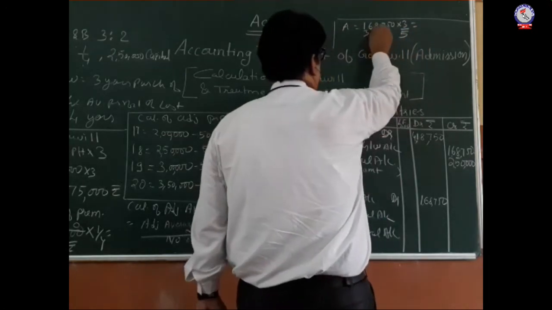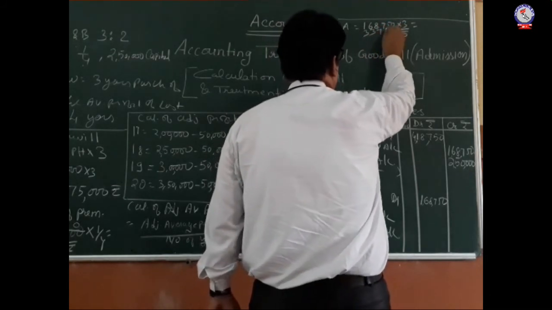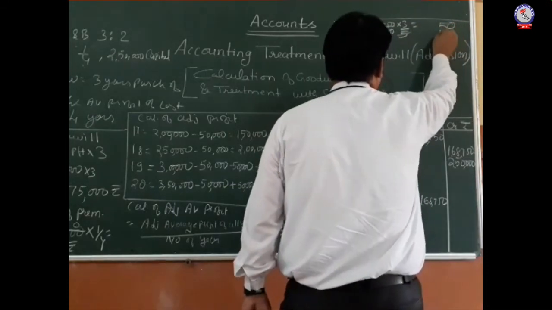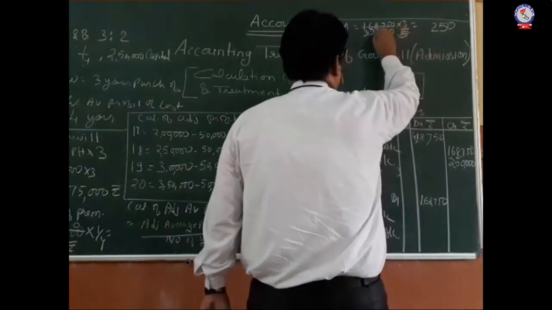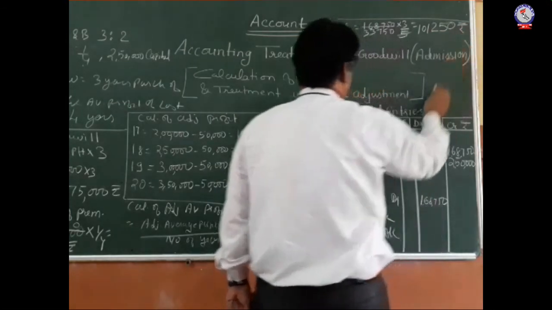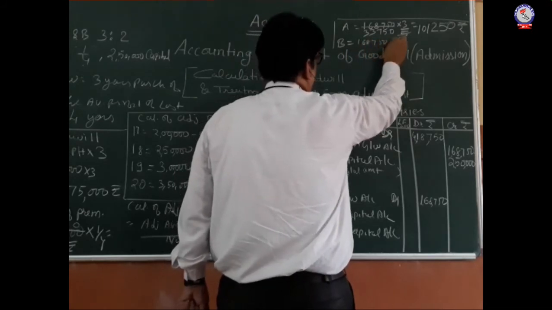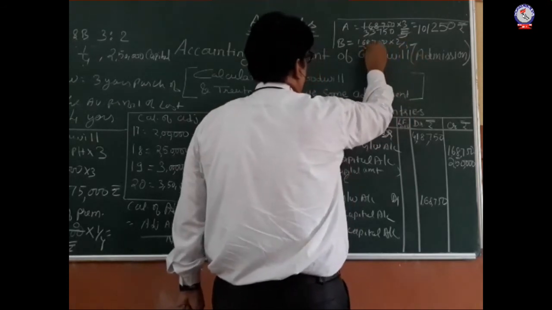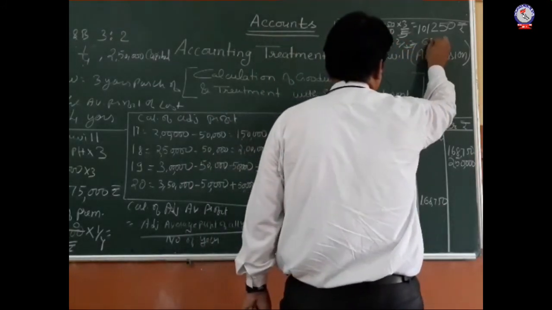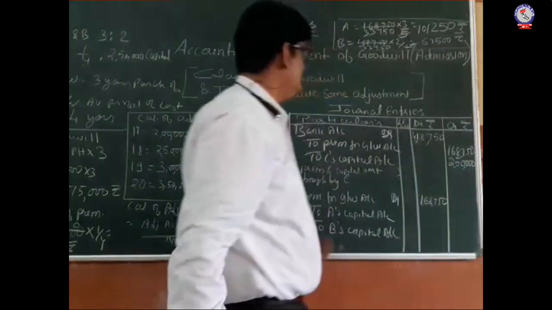So 5 3s are 15, 5 7s are 35, 5 5s are 8. 3 5s are 50, 3 7s are 21, 22, 3 3s are 9 and 1, 10. 1 left, 1,01,250 will go to A, and B will get 168,750 into 2/5, so 67,500 rupees will go to B respectively.